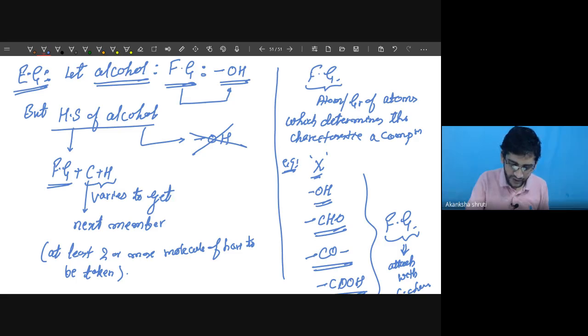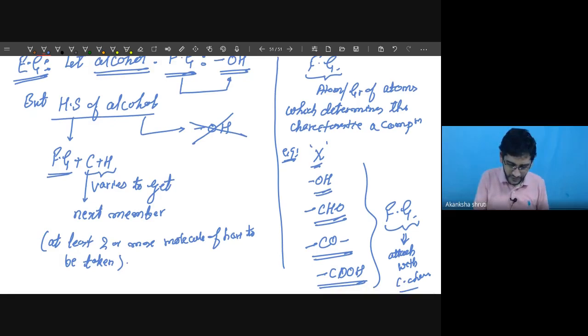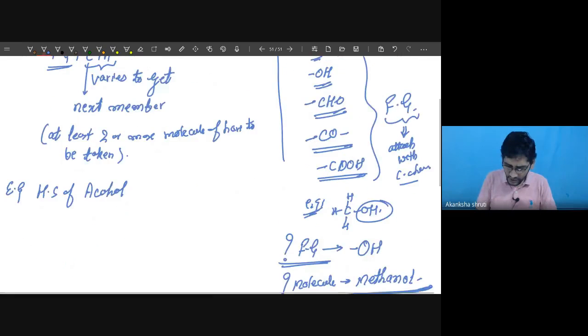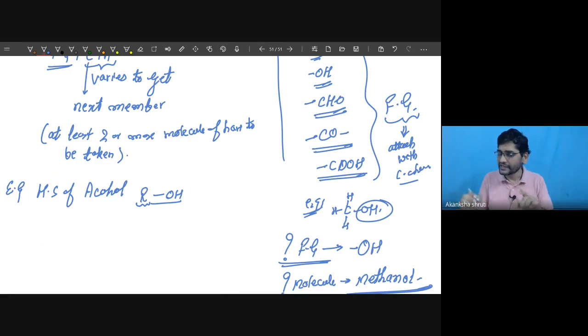See, how is this? Now let me write the functional group of alcohol. I have just explained what the functional group of alcohol means, and how it differs from the homologous series. For example, the homologous series of alcohol means you need to keep this OH and vary the carbon chain with which this OH can attach.